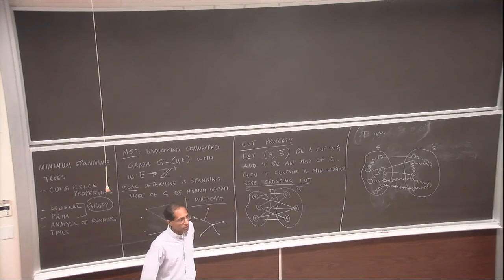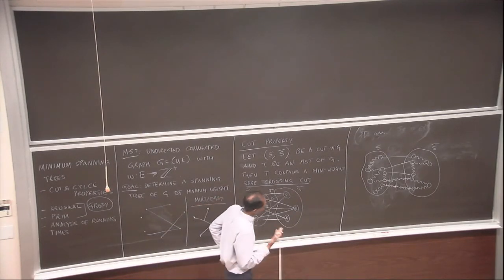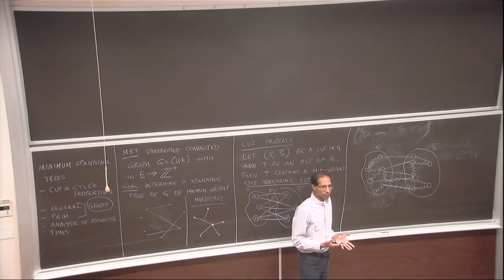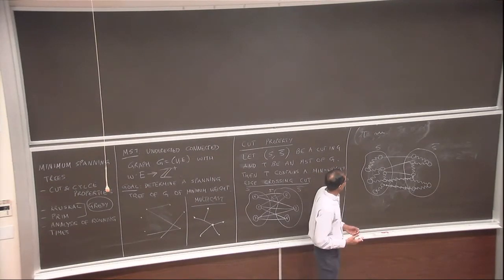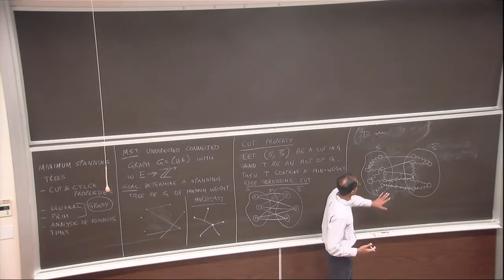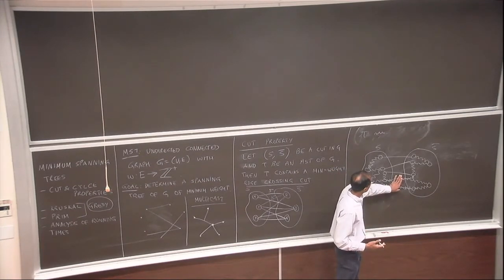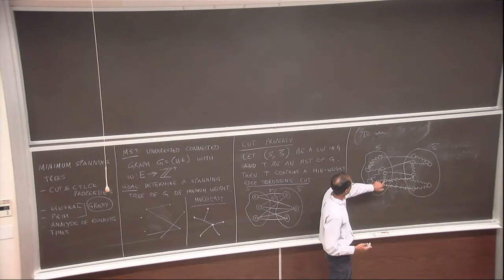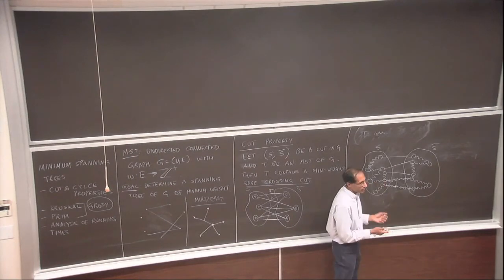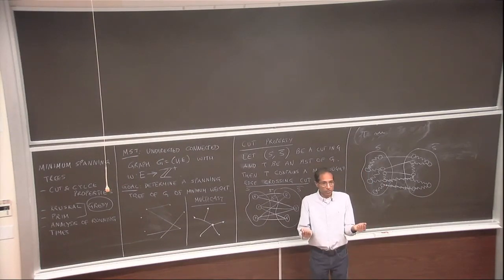First thing to observe, 2 things to observe. T has to have an edge crossing the cut. You agree? Again, it's intuitively and pictorially obvious. How would you prove that T has to have an edge crossing the cut? Well, if T has no edge crossing the cut, we know that T is supposed to have a path between any pair of vertices, right?